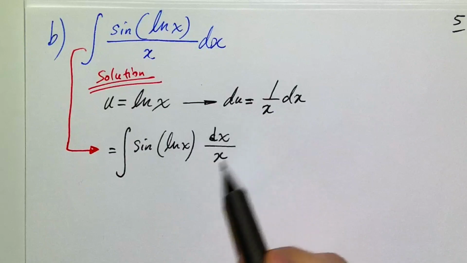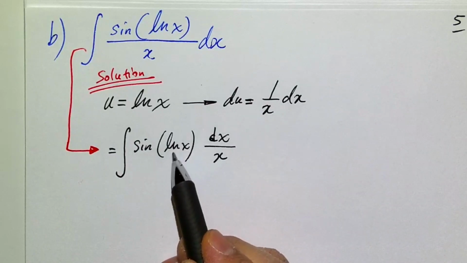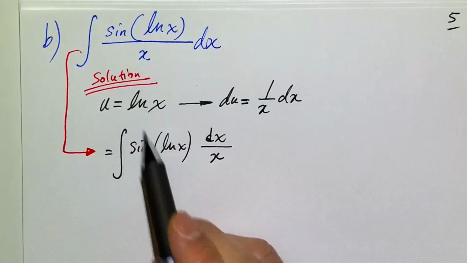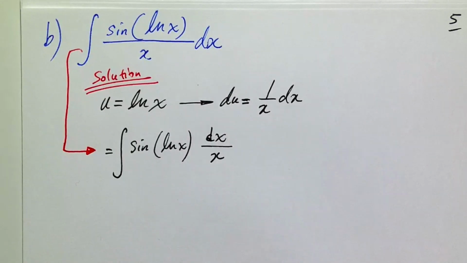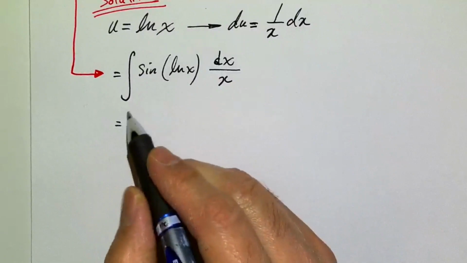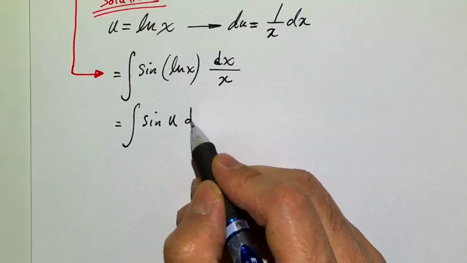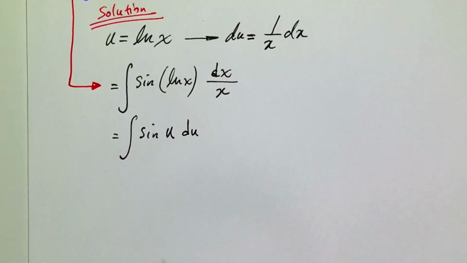That's dx over x, du. And with this, you can substitute for natural log of x with u, and integration of sine of u is extremely easy to accomplish. So let's do that. So this will be sine of u du after we make all the substitution.